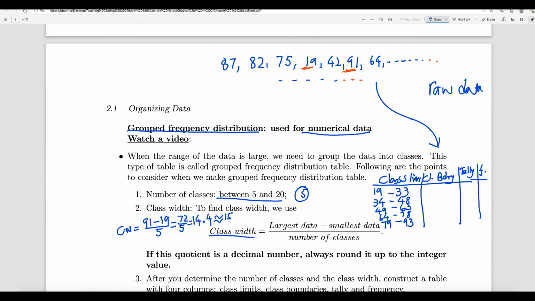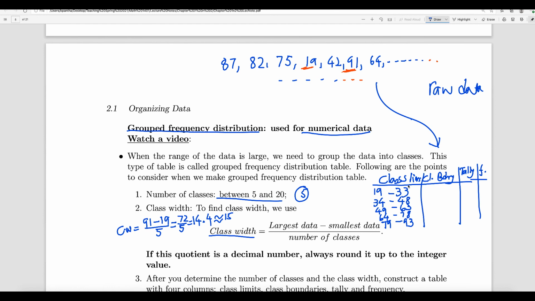See? So the main thing here is finding the first class. The lower limit of the first class is the lowest data. The upper limit of the first class depends on the data. If the data have no decimals, then you add the class width to the lower limit: 19 plus 15 is 34, and then subtract 1, which is 33.